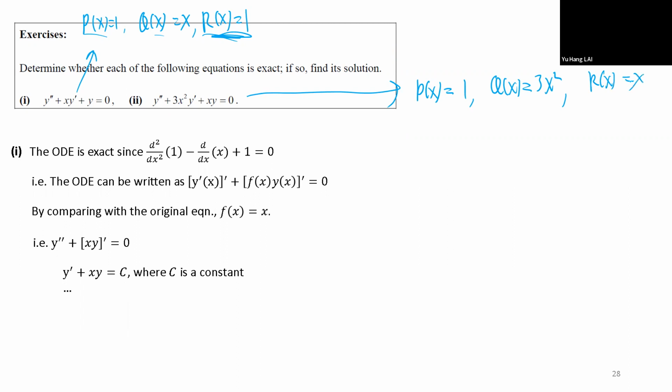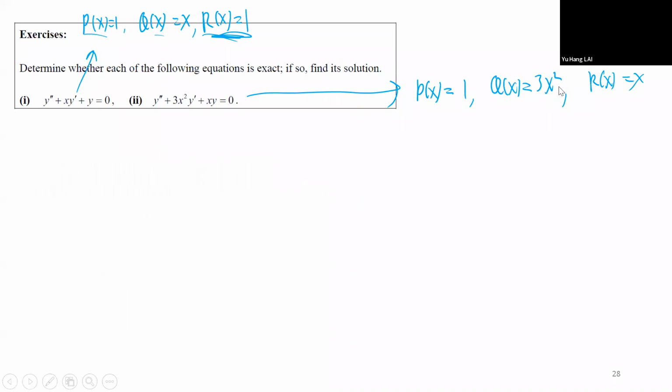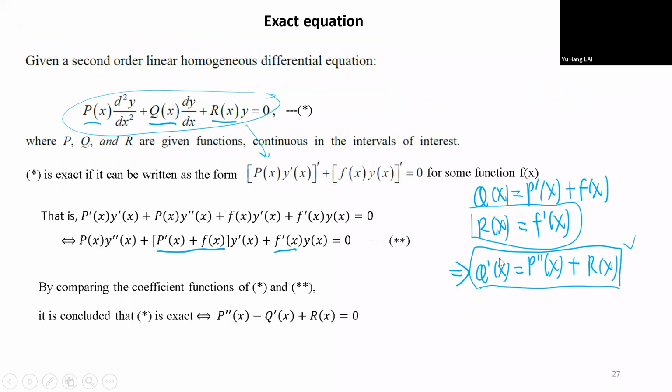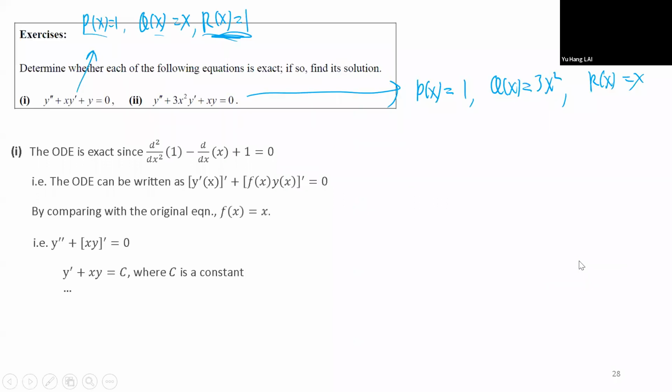So using this P, Q, R, go back to here and use this test to see whether it's exact. And this time you see that this is not exact. Then you cannot use it. So what does that mean? That means you cannot use the method in the previous slide to solve this equation.